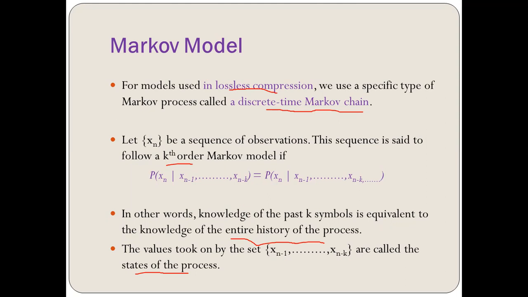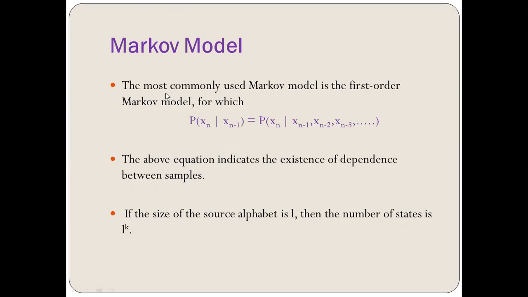Let's understand this concept. Next, when we create the Markov model in the first order, the first order Markov model defines P(x_n | x_{n-1}), that is, the probability of transition to state x_n from state x_{n-1}. This equation indicates the existence of dependence between the symbols.